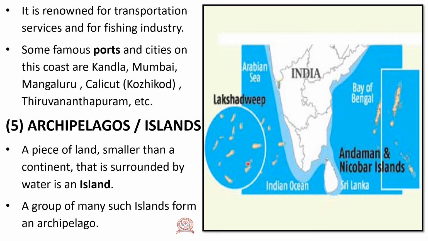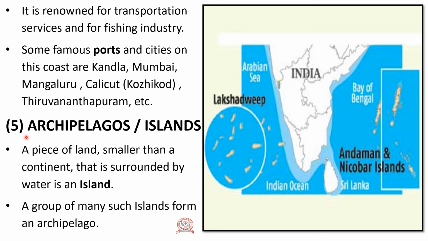It is renowned for transportation service and for fishing industry. Some famous ports and cities on this coast are Kandla in Gujarat, Mumbai, Mangaluru, Calicut in Kerala, and Thiruvananthapuram is also in Kerala.